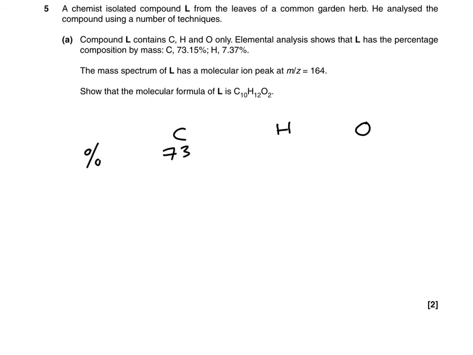We have 73.15% of carbon and 7.37% of hydrogen. It's a percentage, so it's going to add up to 100. So 100 minus 73.15 minus 7.37 will give you whatever's left over, which is your oxygen. So that's 19.48.